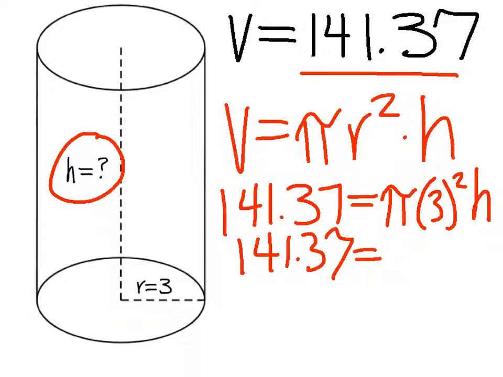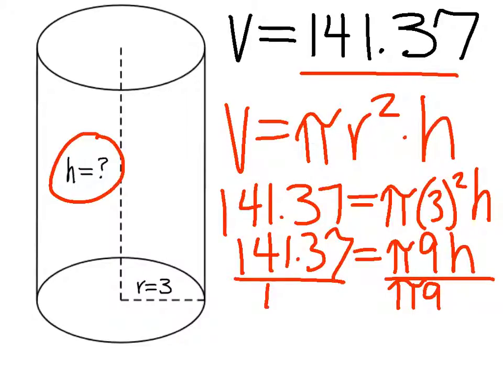That's going to be pi times 9 times h. So what we need to do to get our h by itself, remember if we're multiplying pi times 9, we want our h by itself because that's what we're looking for. So we're going to divide both sides by pi times 9.